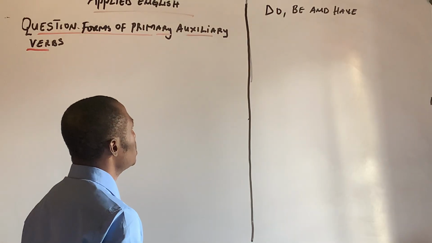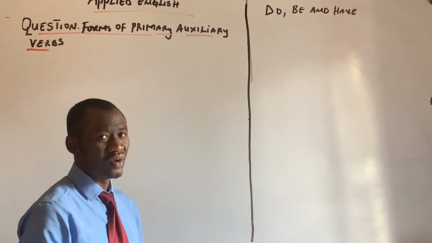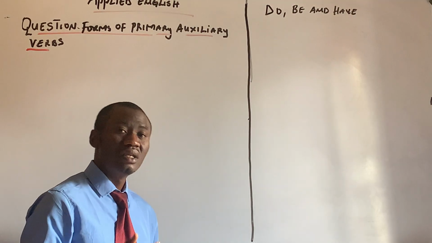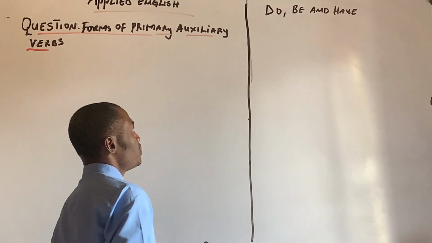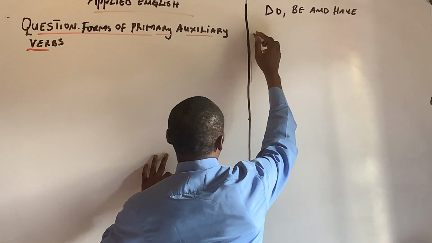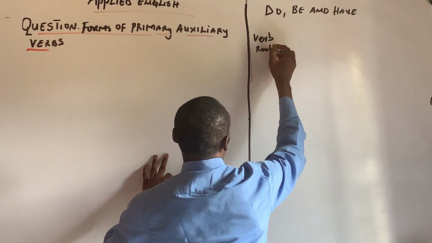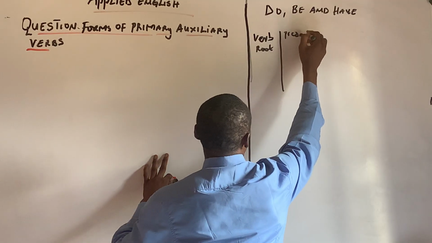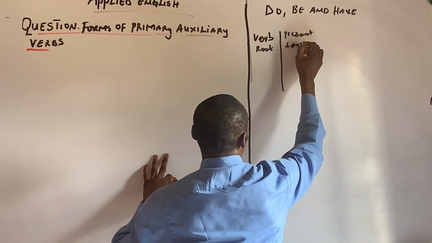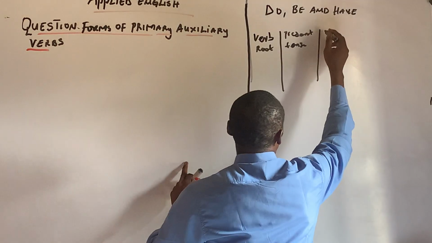Anyhow, we want to look at the tenses of these verbs in their present tense, past tense, present participle, and past participle. Now, let's look at this verb root. So this is the verb root. After the verb root, we're going to have the present tense. After that, the past tense.